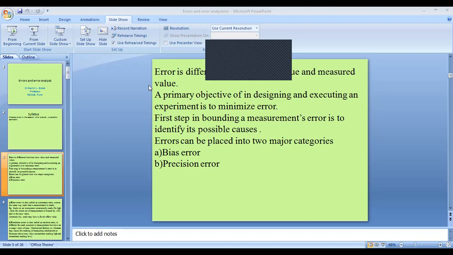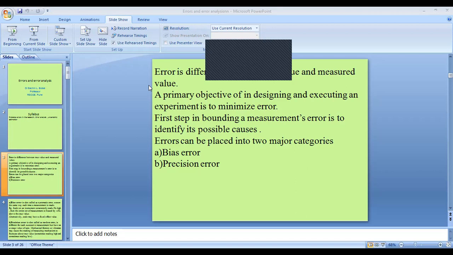So what is a bias error? Bias error is also called systematic error. This type of error occurs each time we take a measurement, but in the same way, either plus or minus.